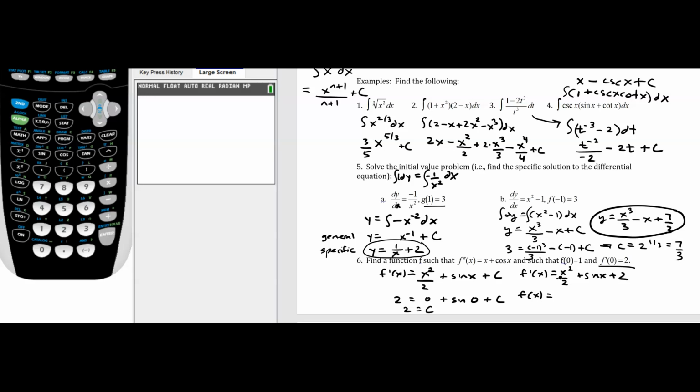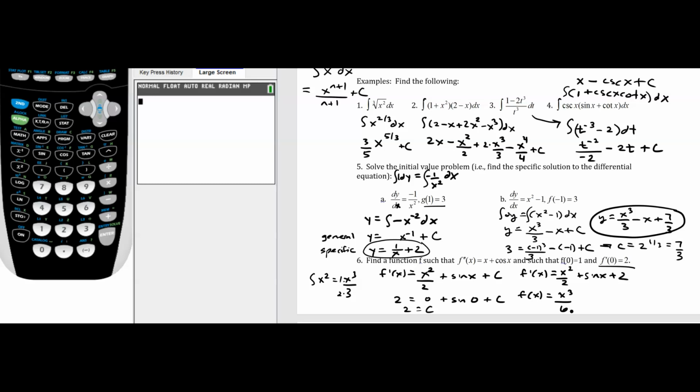The 1/2 is kind of just sitting out in front. So if that antiderivative is x cubed divided by 3, there's still a 2 that's down there, right? Or 1/2 that was in front of that. So the antiderivative of x squared over 2 ends up being x cubed divided by 6.